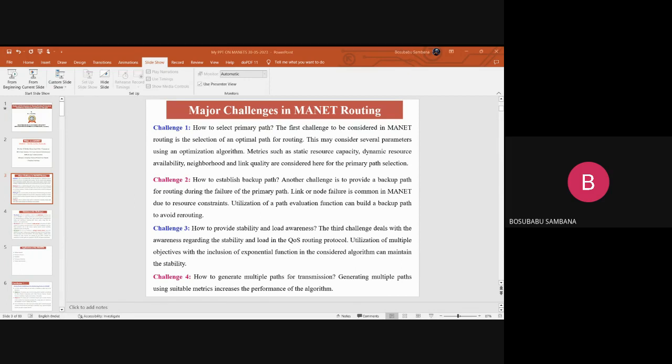SRC means static resource capacity, NQ means neighborhood quality, M means population size. Here neighborhood quality means if a nearby surrounding packet is there, then data is transferred based on the path selection.